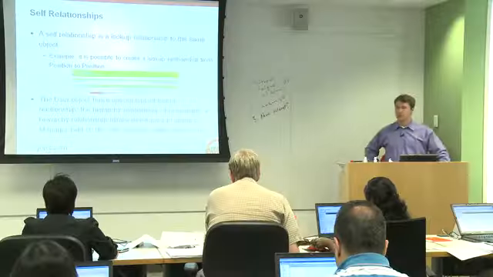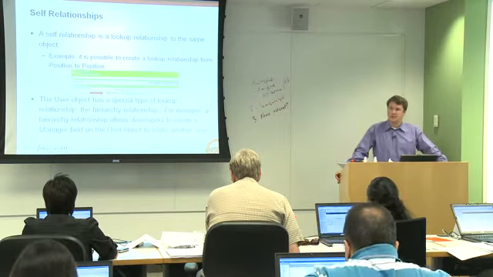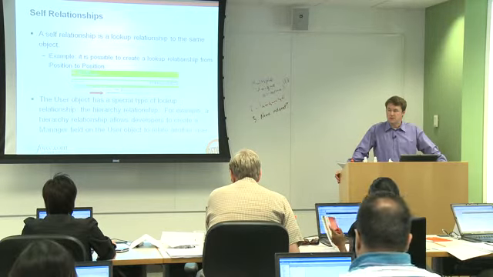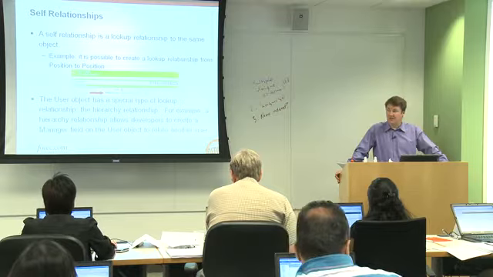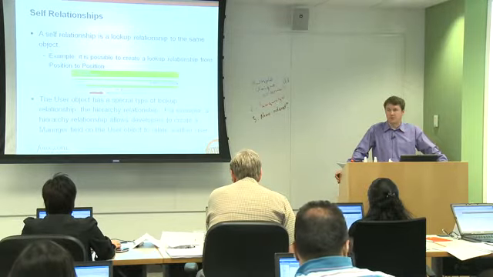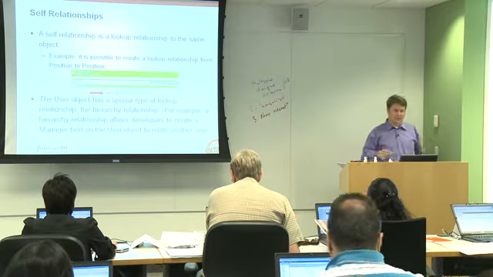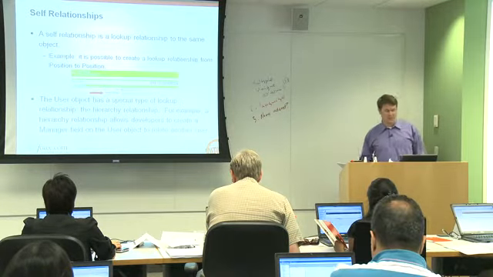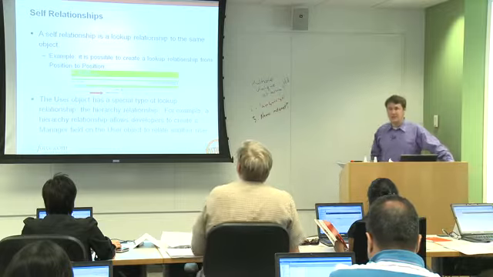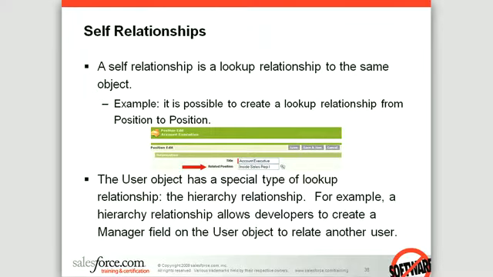Now we're going to talk about self relationships and then also many-to-many relationships. So two sort of, not really types, but implementations of other types of relationships. All a self relationship is, is simply an object that has a lookup to its own object type.